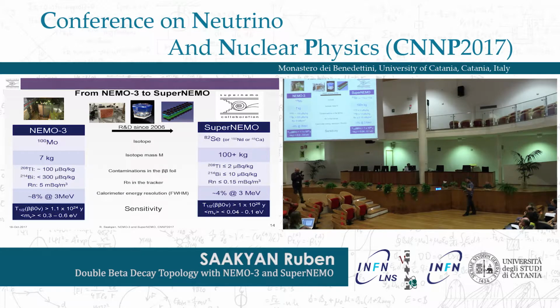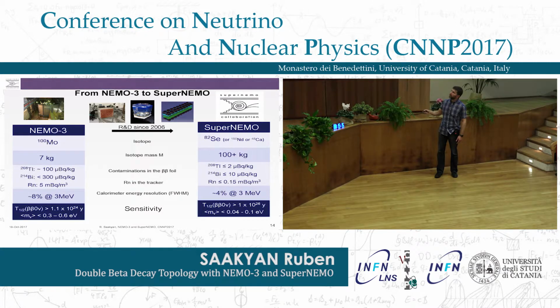So SuperNEMO is not just a bigger version of NEMO 3, it's supposed to be a better version, and the main improvements are listed in this table over here. So the main challenges are improving the contamination of the source foils, quite dramatically improving the content of the radon inside of the detector, and also improving the energy resolution of the calorimeter by a factor of 2.